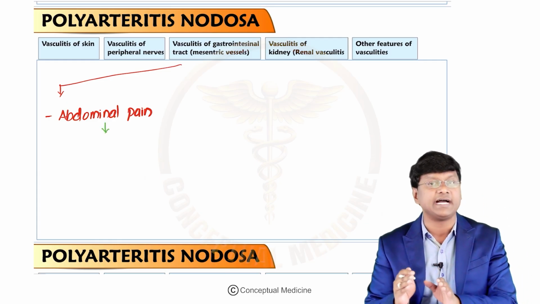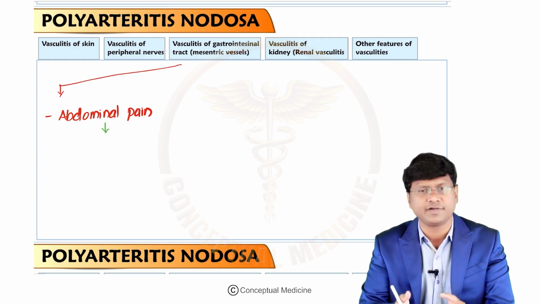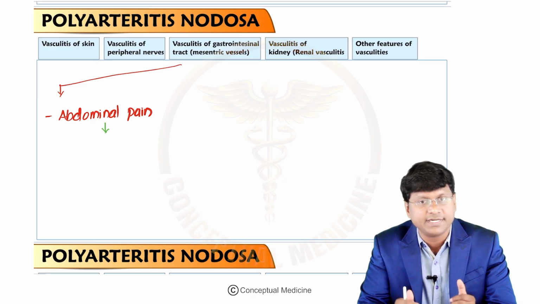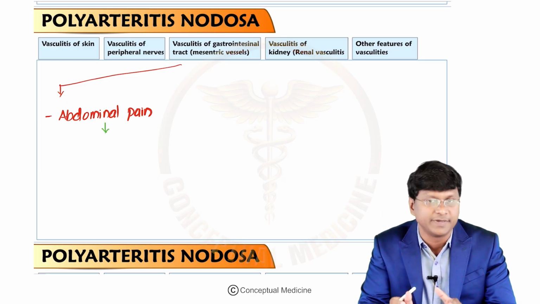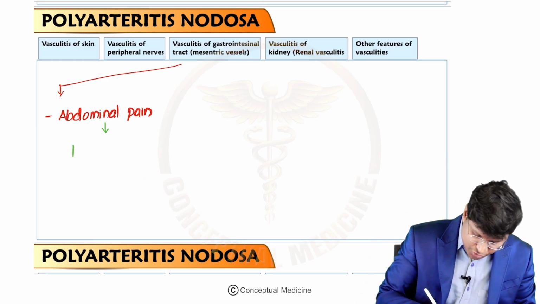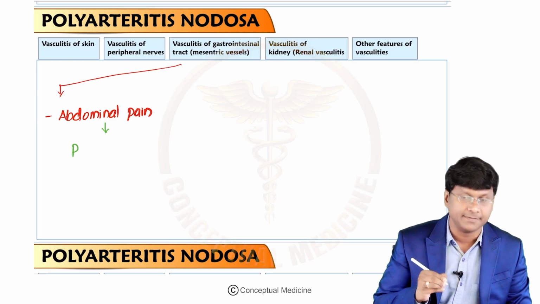It is immediately after taking food, because immediately after taking food, the GIT requires more blood supply, and in mesenteric vasculitis, the blood supply to the GIT is compromised. So there will be a mismatch. Demand is more, supply is less. So there will be a postprandial abdominal pain.